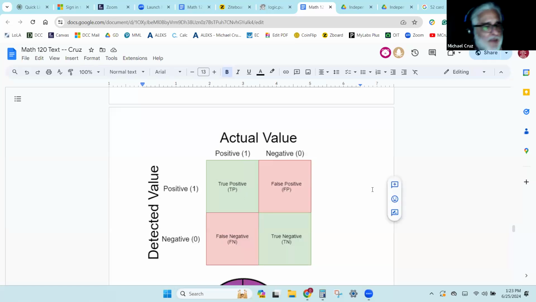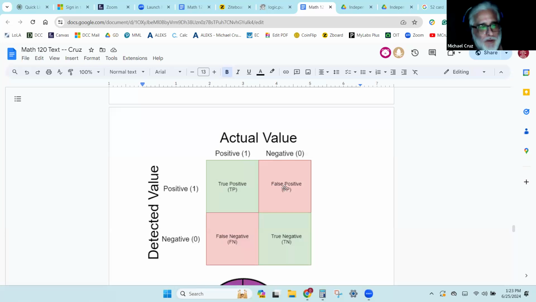You can think of it in the same context of a jury trial. If a person comes in, as far as the law is concerned, they're innocent. You have the jury or the judge make a determination of their guilt. If that person is pronounced guilty and they're actually guilty, then that's a correct choice.